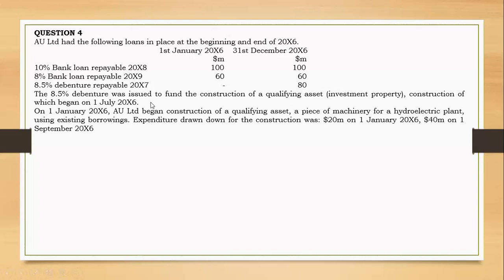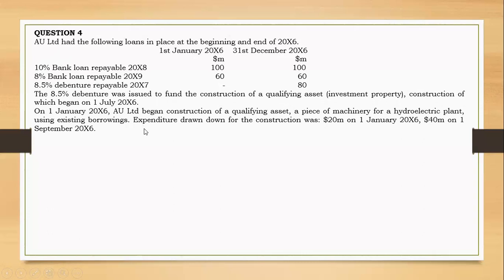You can see here that the 8.5% was acquired on 1st July 2026, but at the beginning of the year, in January 2026, this 8.5% debenture wasn't there. And we are told that the piece of machinery was funded from existing borrowings, which were the 10% bank loan as well as the 8% bank loan.